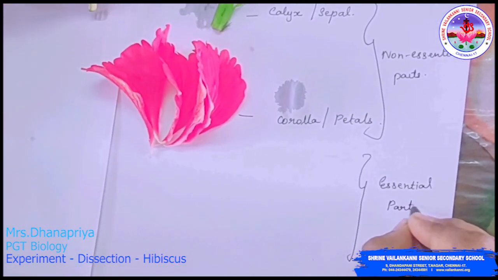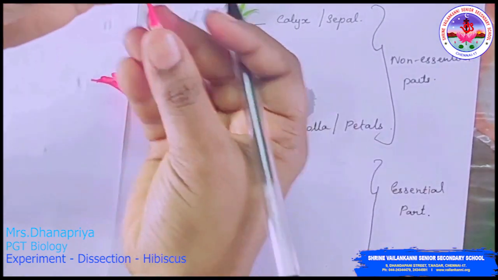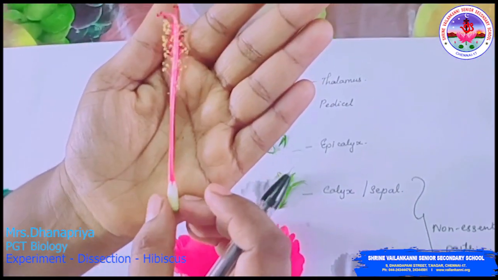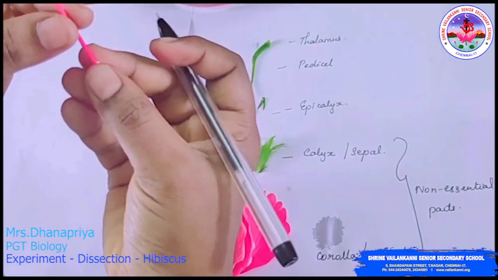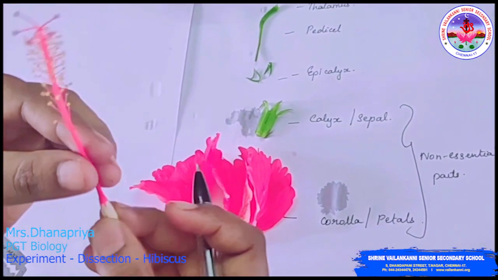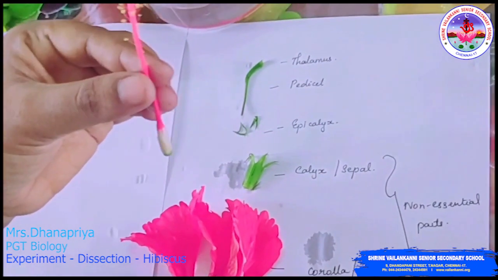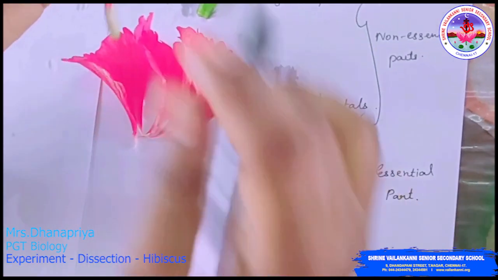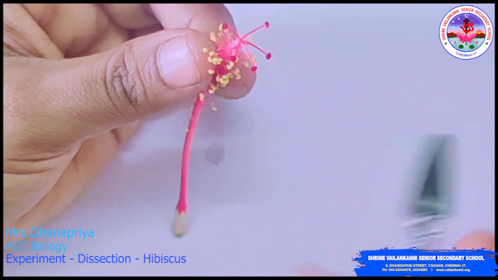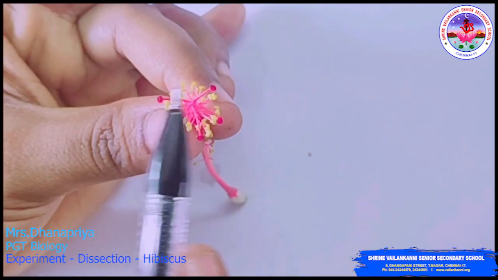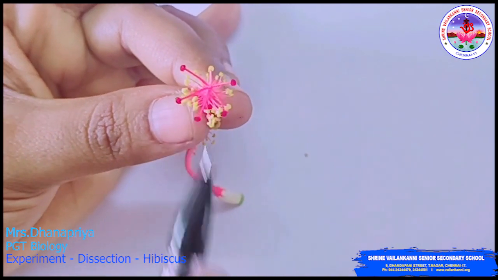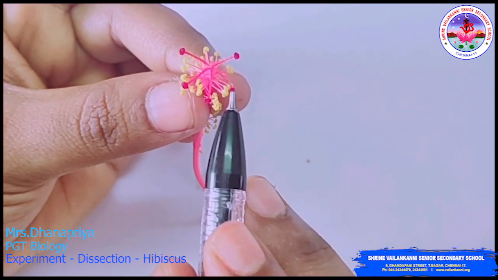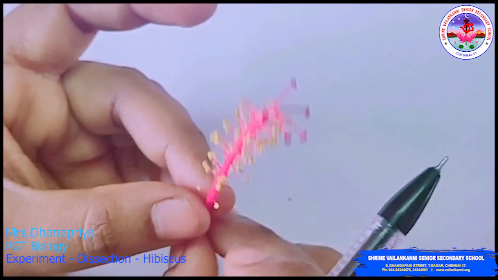This is the complete set of the essential part of the flower. You can see the long slender structure which is connected here. You can see the stigma, which is velvety in nature, very soft. This is called the stigma.